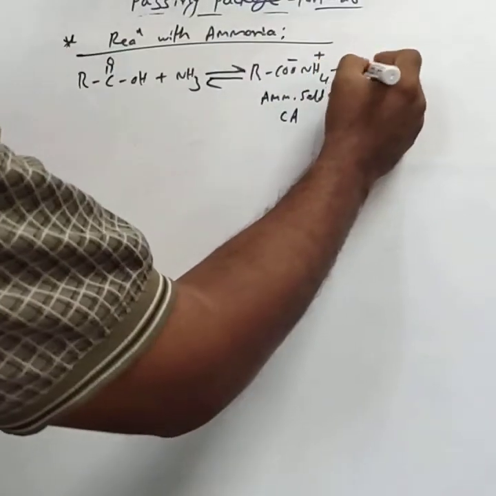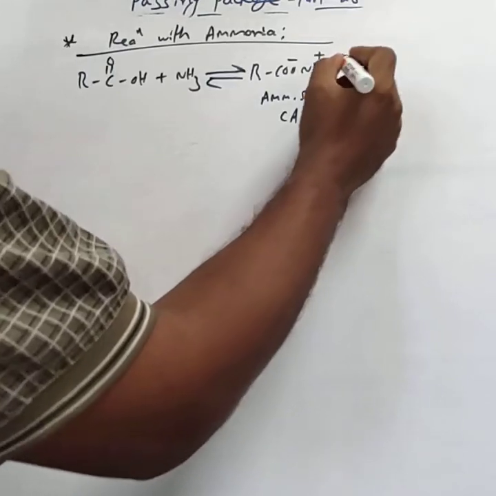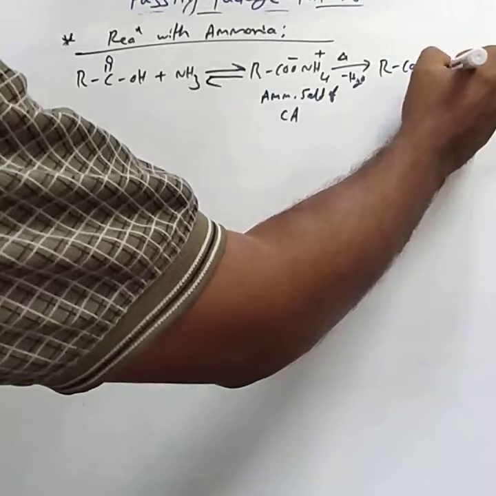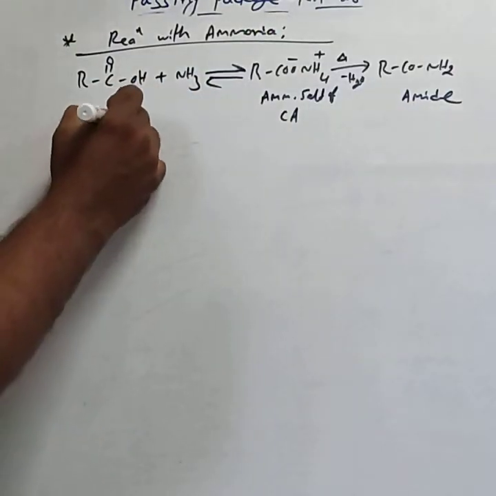It is represented in the reversible direction. On heating, it loses a water molecule, forming an amide. An acid amide is formed.